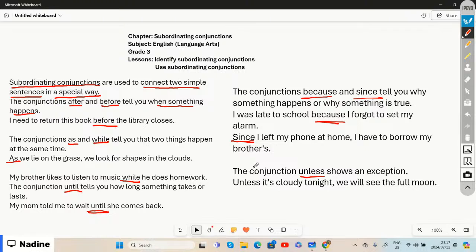And we made mention of specific words which we can identify as subordinating conjunctions within a sentence.